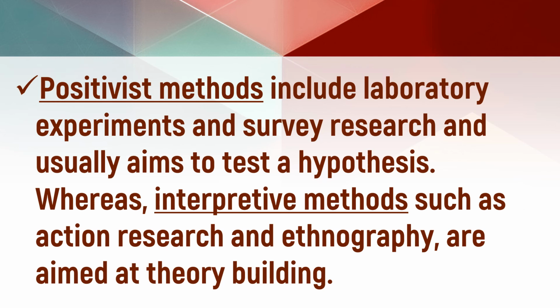However, interpretive methods such as action research and ethnography are aimed at theory building. So which one of the two is more applicable to qualitative and which one is applicable to quantitative? Positivist is for quantitative because it aims to test a hypothesis or theory. Interpretive is more for qualitative because it aims at building a theory.